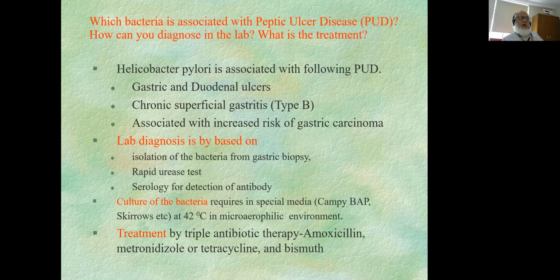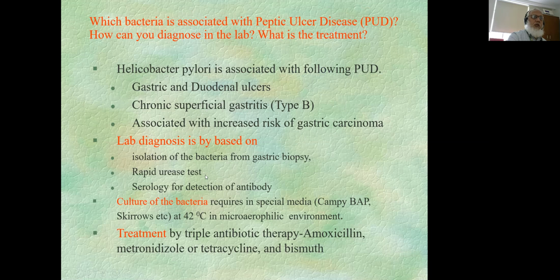Which bacteria is associated with peptic ulcer disease, how can you diagnose it in the lab, and what is the treatment? Helicobacter pylori is associated with peptic ulcer disease. They cause gastric and duodenal ulcer, chronic superficial gastritis, and are associated with increased risk of gastric carcinoma.